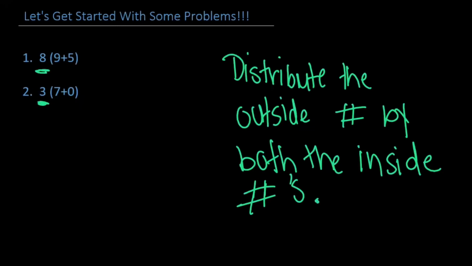The inside numbers for the first problem are 9 and 5, and for the second it's 7 and 0. So that is basically what we're going to be doing today.